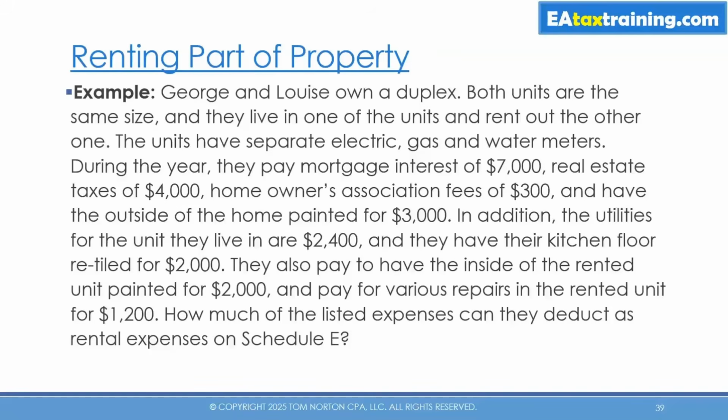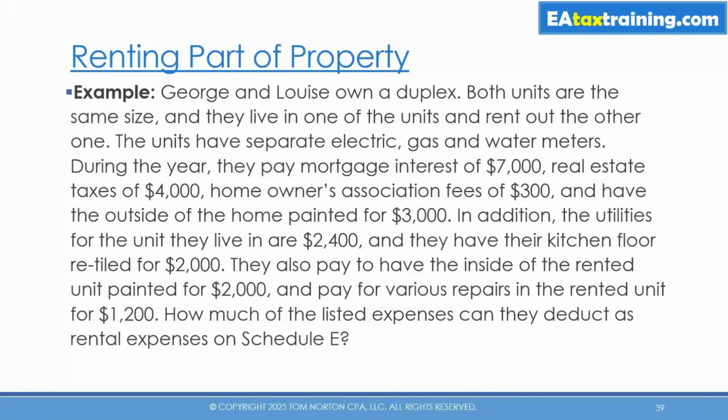They also pay to have the inside of the rented unit painted for $2,000 and pay for various repairs in that rented unit for $1,200. How much of the listed expenses can they deduct as rental expenses on Schedule E? So here we've got a question. We've got to go through each expense and decide, is it personal or is it rental?